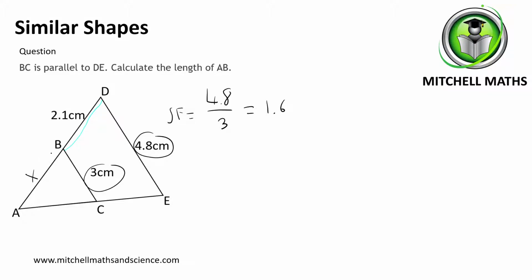And what we can do is form an equation, because we know the scale factor of A to B to A to D, which is the large side on the larger shape.